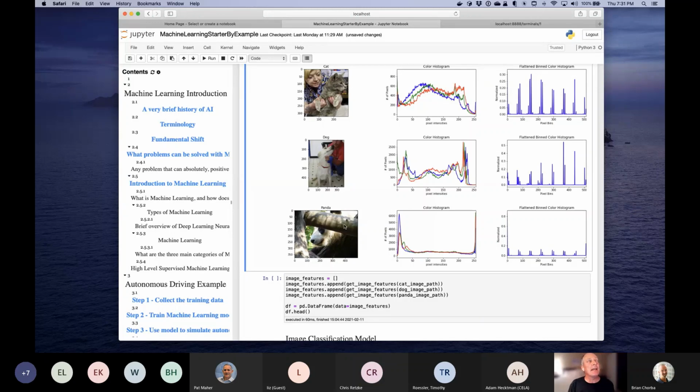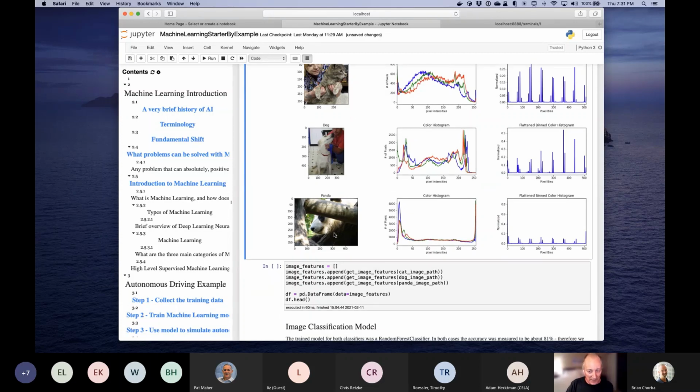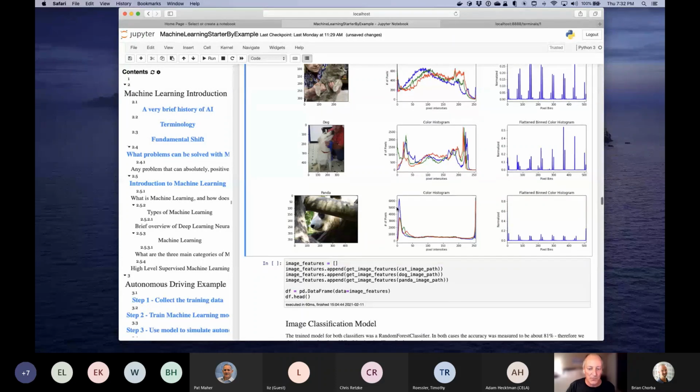But remember, since we're looking at color distribution, any obstruction that we see visually probably doesn't come into play for the machine learning model. And interesting, for something like a panda, in this particular picture, we can see that most of the color is at the black, close to 0 in terms of pixel intensities, or it's on the far right, which is close to white, which would make sense.